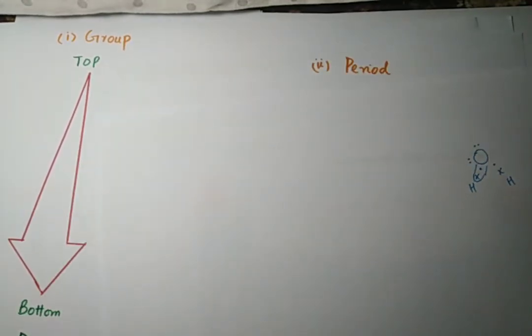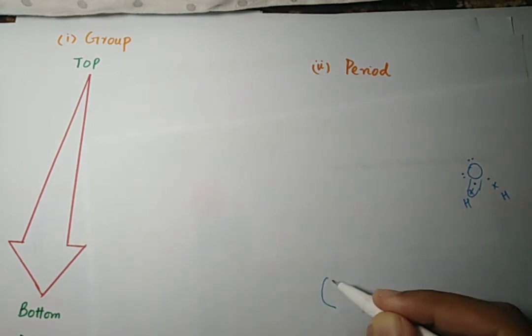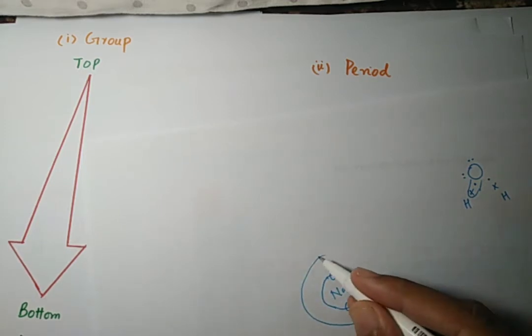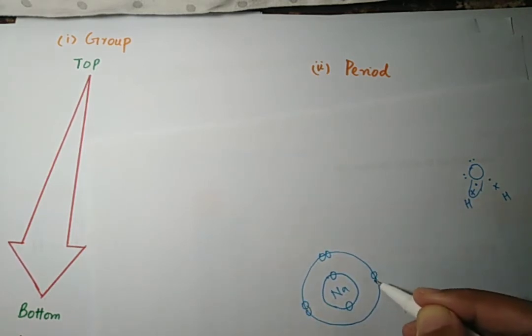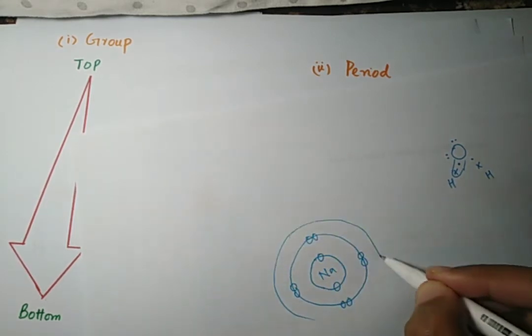Talking about sodium, it has 11 electrons, 2 in the first shell, 8 in the second shell, and 1 in the outermost shell.